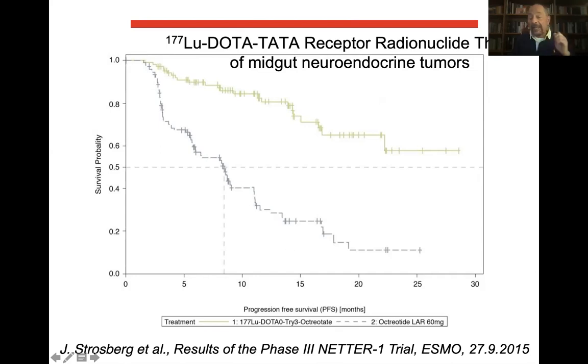This is a clinical trial with lutetium-177. These are survival curves of the patients. We will see more in medical statistics about that. You see that the patients using the lutetium, as compared to the patients using only the placebo, have a much better survival.